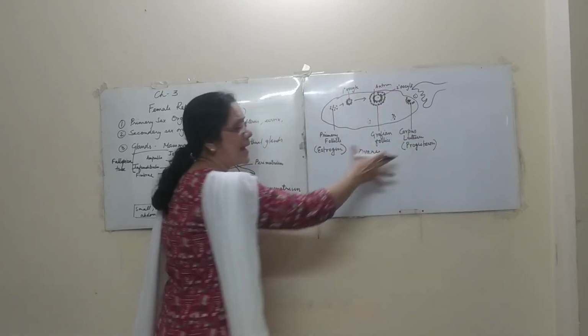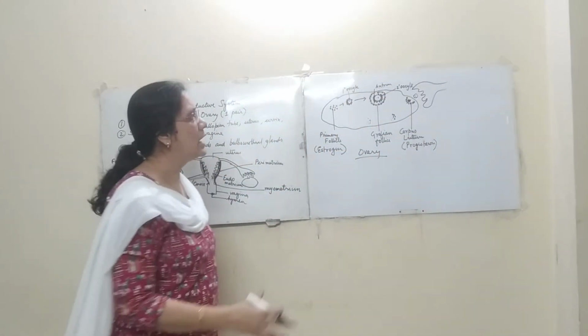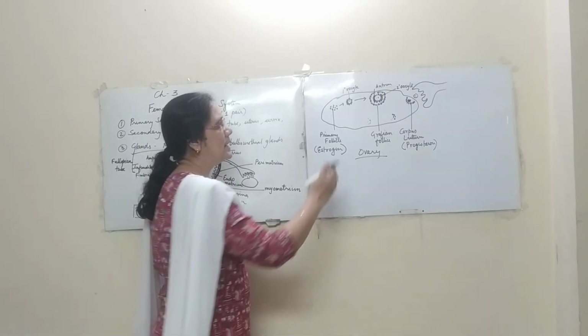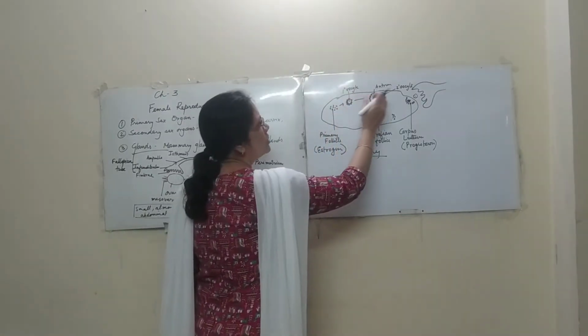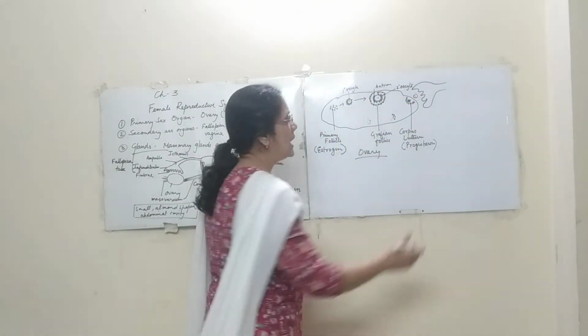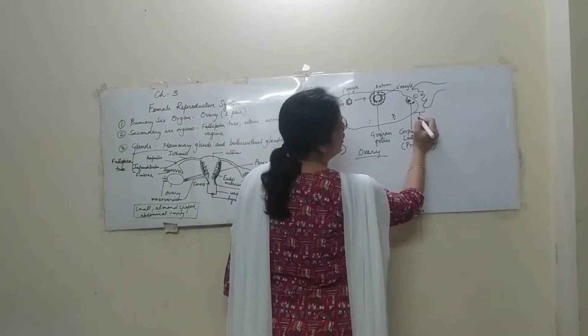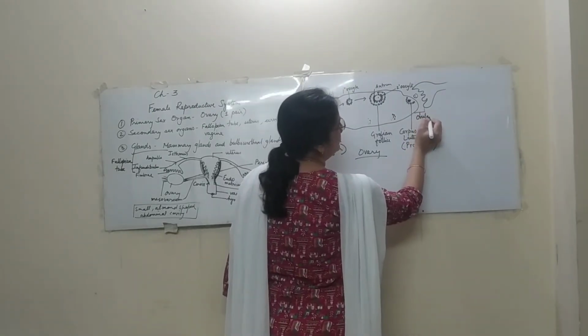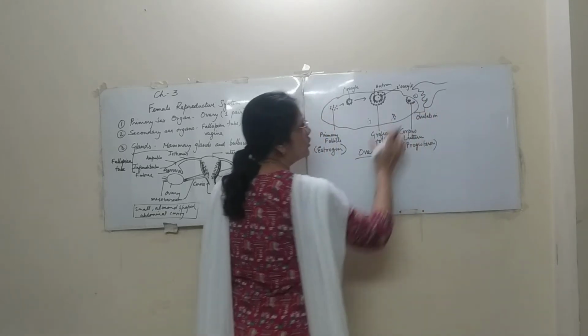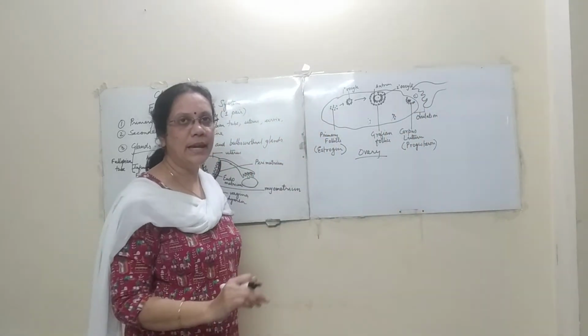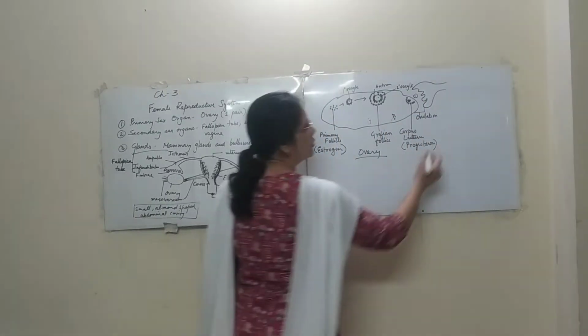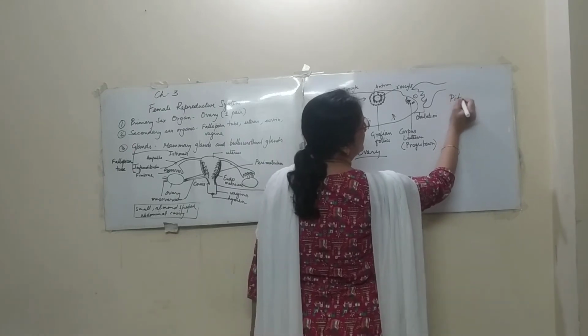Now all these cyclic changes happening inside the ovary, that is the development of the primary oocyte to the secondary oocyte and its release, are called ovulation. This ovulation happens under the influence of two hormones from the pituitary.